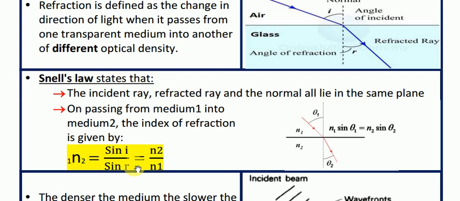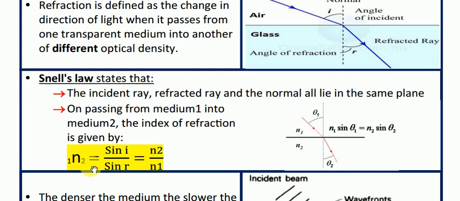When the first medium is a vacuum, then N is the absolute refractive index, and when it is air, then it is called the refractive index.